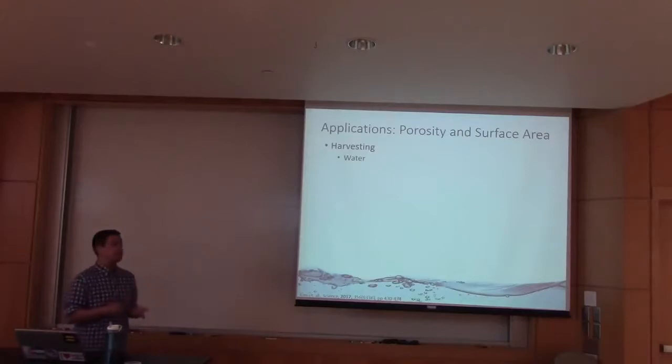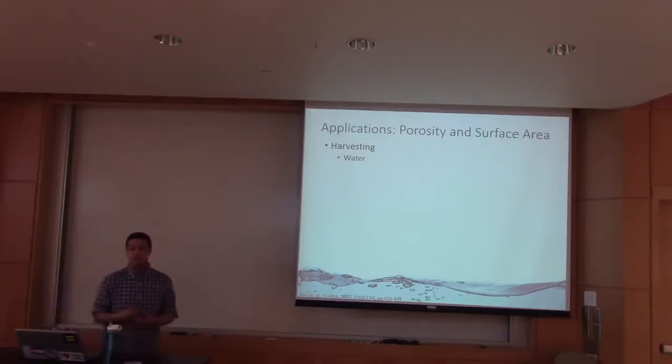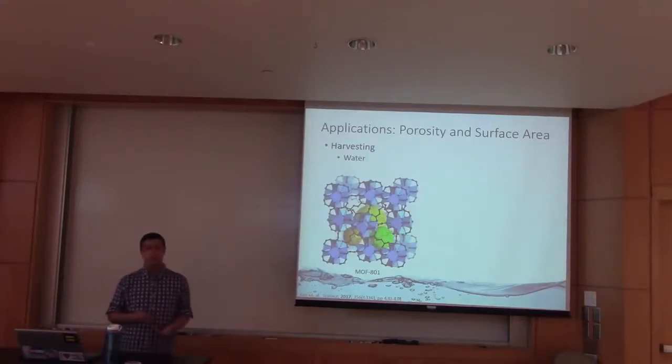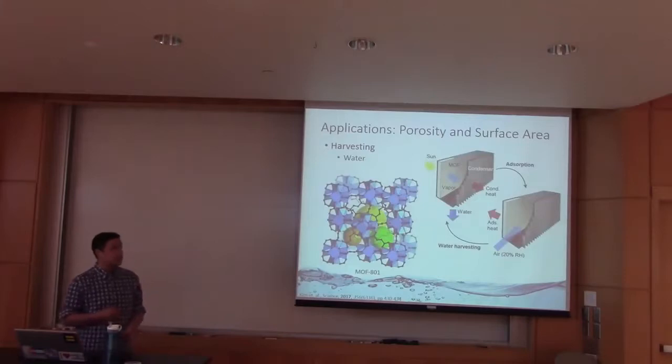So up until recently, the problem with harvesting water with MOFs was that once you got the water into the actual structure, you'd have to impart a lot of energy into the system to actually get that water back out and to harvest it. But in the last year, researchers have synthesized this zirconium MOF, where during the night at cooler temperatures, the MOF will adsorb water even from low humidity air.